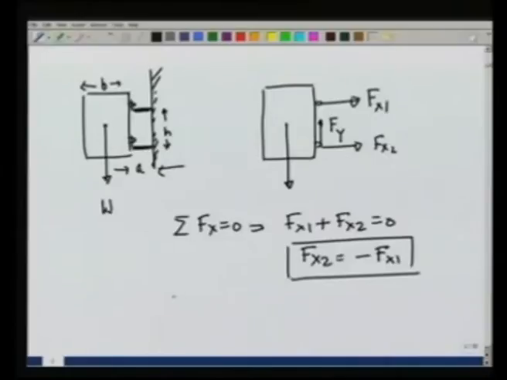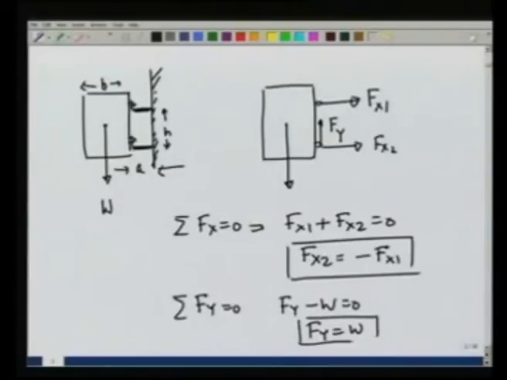Similarly, the condition summation Fy is equal to 0 gives me that Fy minus W is 0, or Fy is equal to W. You may ask at this point, how come these two forces Fx1 and Fx2 are generated? It is because Fy and W give a couple in this direction, and to oppose this there must be horizontal forces generated at the joint to counterbalance this couple. So, we have gotten these two answers.